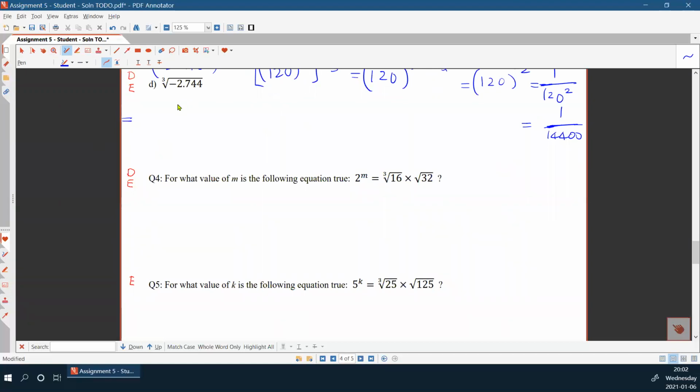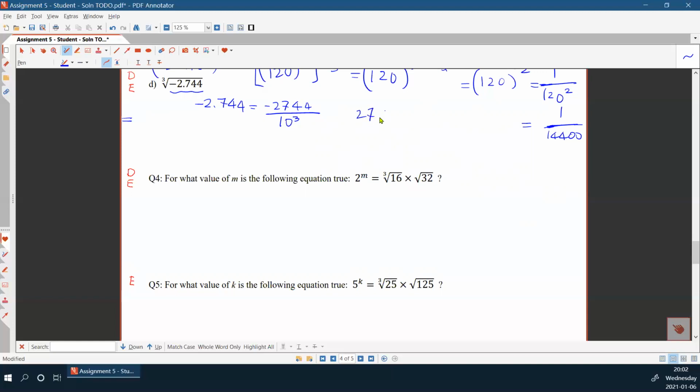Okay. Next one, again, let's analyze this number to see if we can factor it into something cubed. Note that this number is actually minus something divided by 10 to the third power, right?